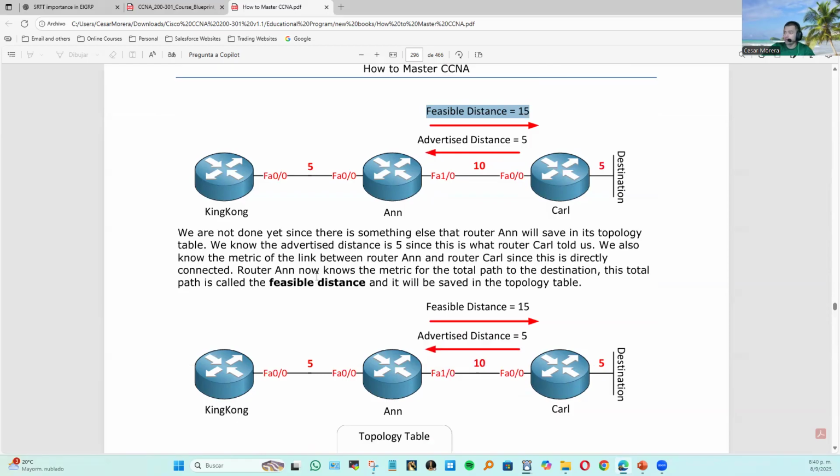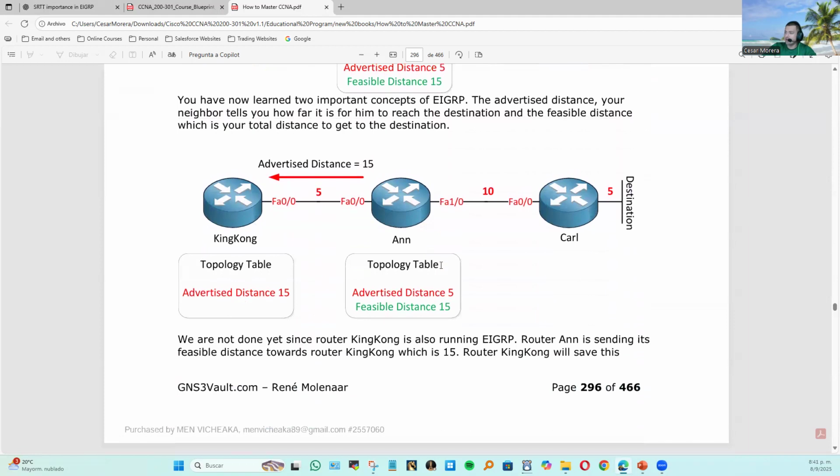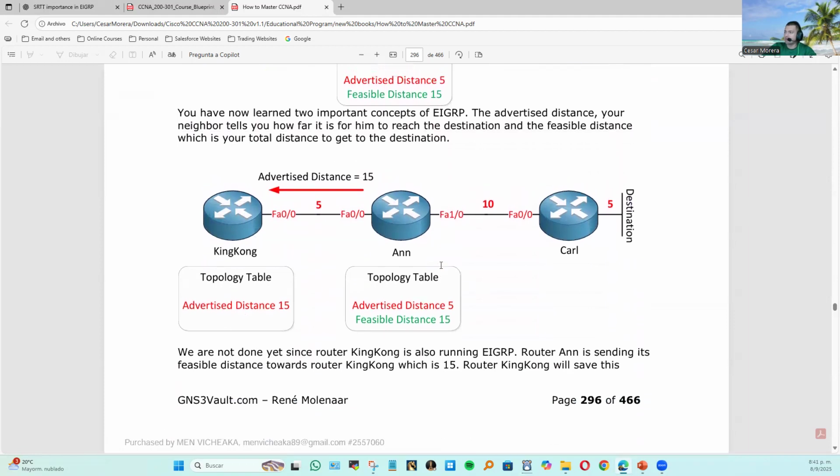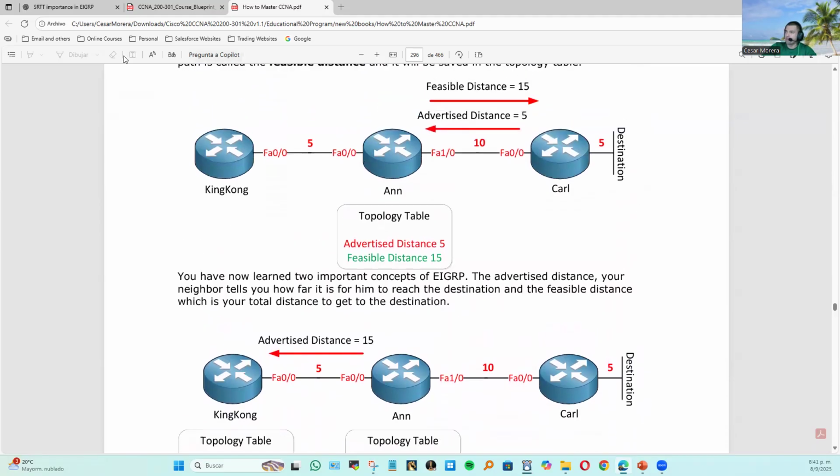Let's find out why. Well, in order to get from Carl to Ann, it costs 5. 5 is the advertised distance. But now, why do we have a total of 15 here for the feasible distance? That's a great question. Because it is counting this part and this part to get to the destination.